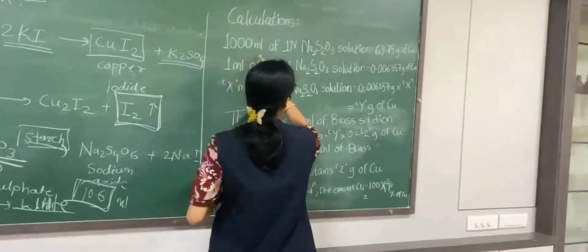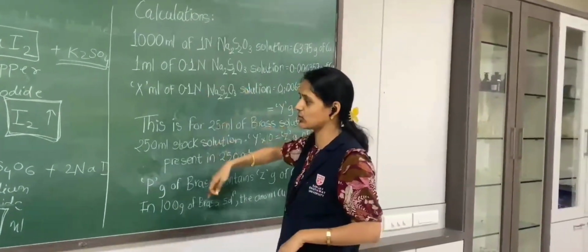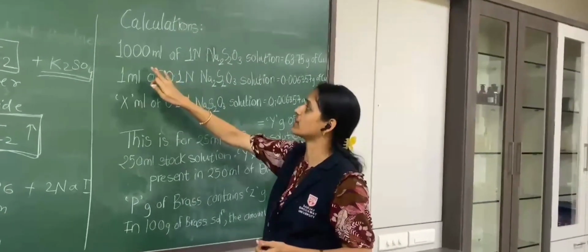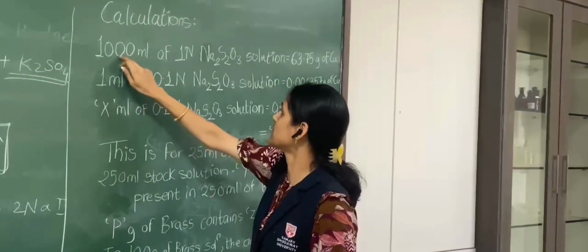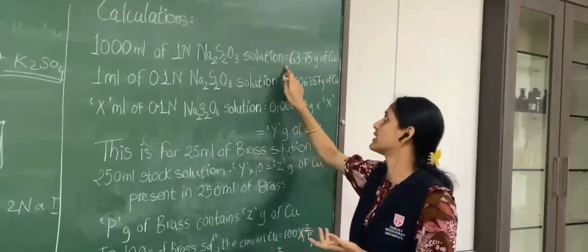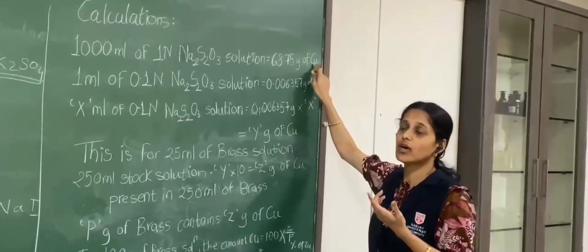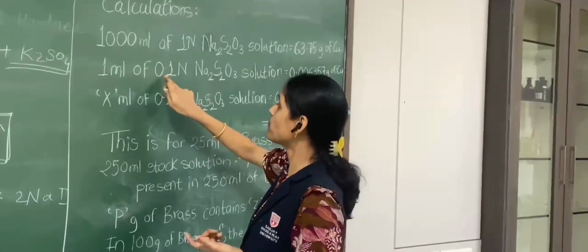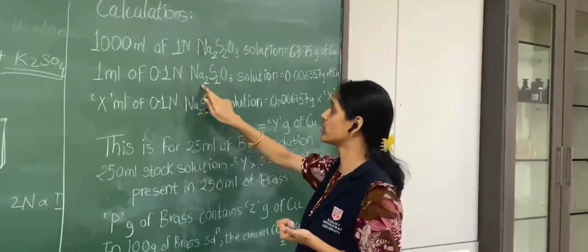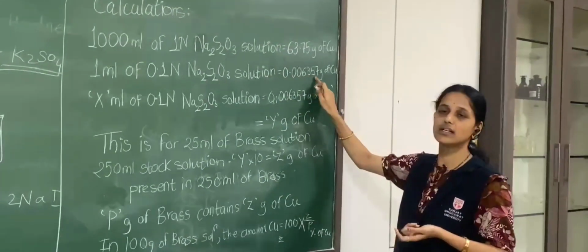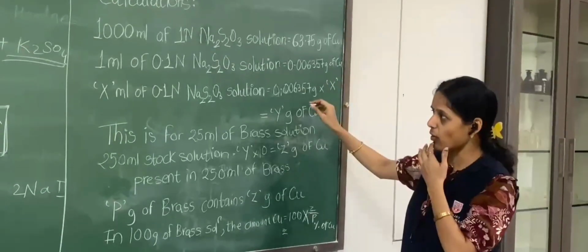So put that 10.6 into this calculation. These are the calculations for the percentage of copper in the brass. 1000 ml of 1 normal sodium thiosulfate contains 63.5 gram of copper. But we have used 0.1 normal sodium thiosulfate, so it becomes 0.0635 gram of copper.